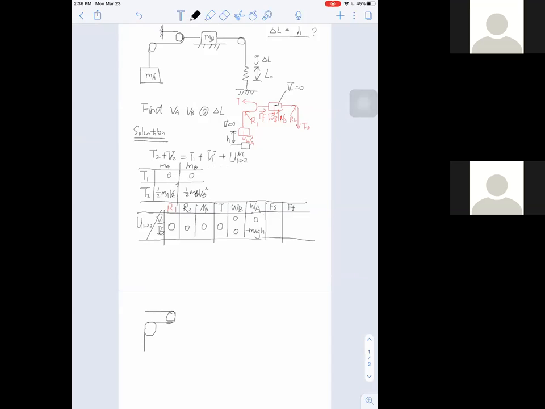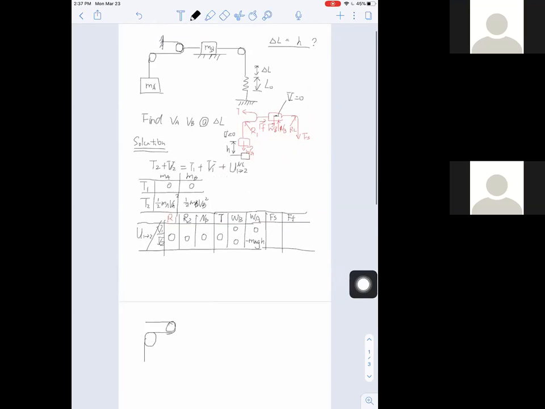R's are the reaction forces at the fixed pulley. Are they important? What we did is they don't do any work on the system. So the work done by them, R1 and R2, is zero. It is important for you to recognize those, but since their values are zero, they're not very important in terms of how to solve this problem.